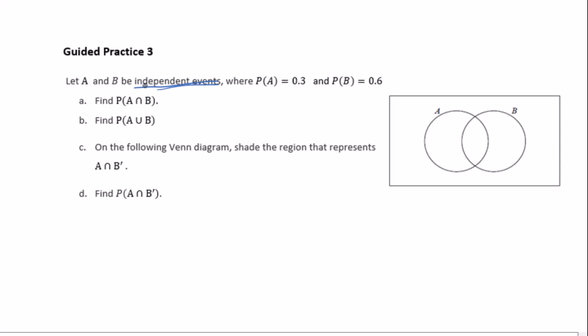Since A and B are independent events, according to the definition of independent events, we have the probability of A intersection B equals the probability of A times the probability of B. So we substitute here 0.3 times 0.6 equals 0.18.